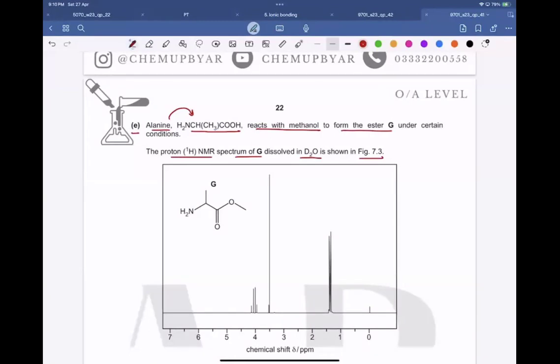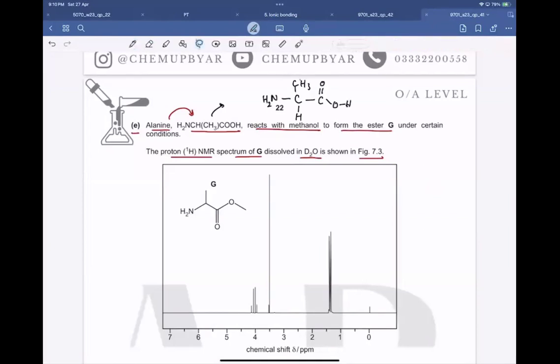Let me make this easier for you. If we draw alanine, there is a central carbon with a hydrogen, on one side a CH3, on the other side a C double bond OH, and here we have NH2, right?